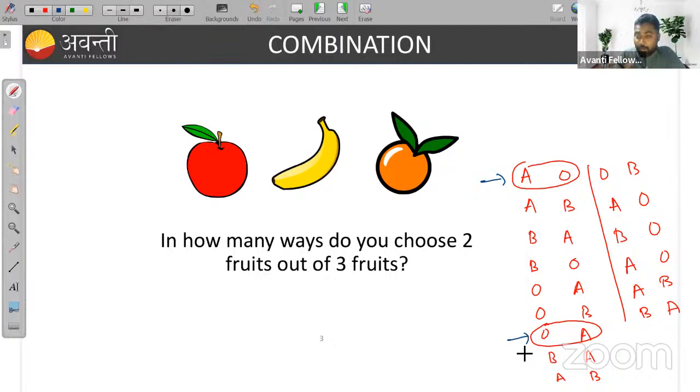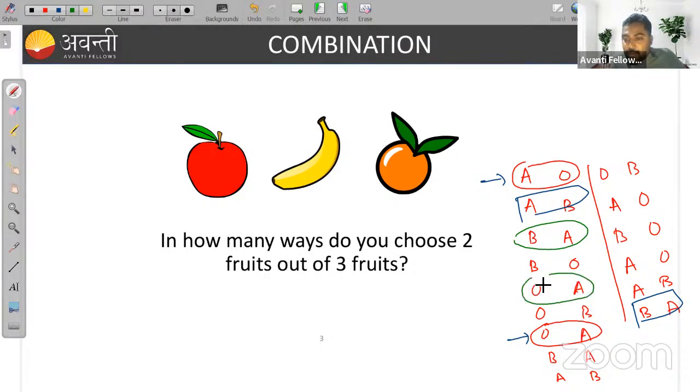So how many times are we duplicating the situation? See, apple, banana and banana, apple. Apple, orange, orange, apple. So each pair is duplicated.